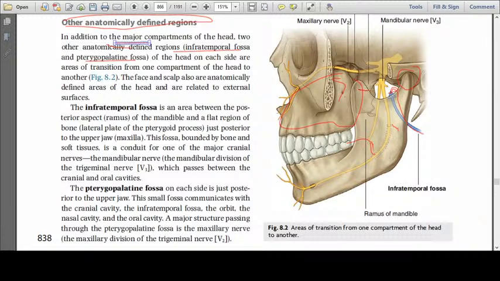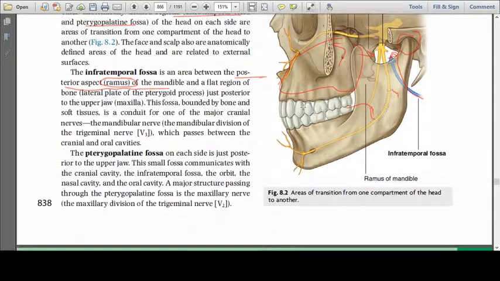Similarly, it is also posterior to the ramus of the mandible, which we will be looking at very soon.